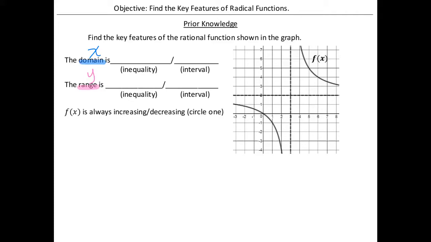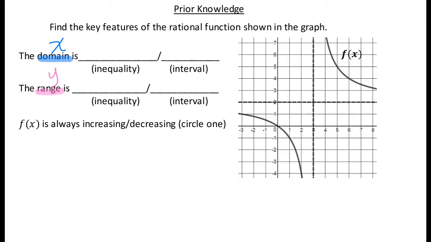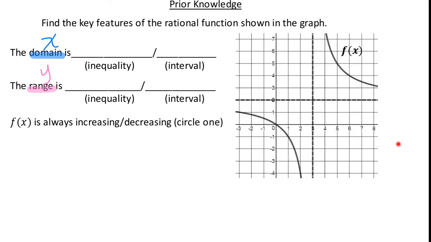So if you remember looking at the graph, the domain and the range are being cut by one of the 2 asymptotes. So if you guys notice on the domain right here, what's cutting the domain is this vertical asymptote here, okay? So the vertical asymptote, I'm going to highlight it in blue just because I know that's what's cutting my domain in half.